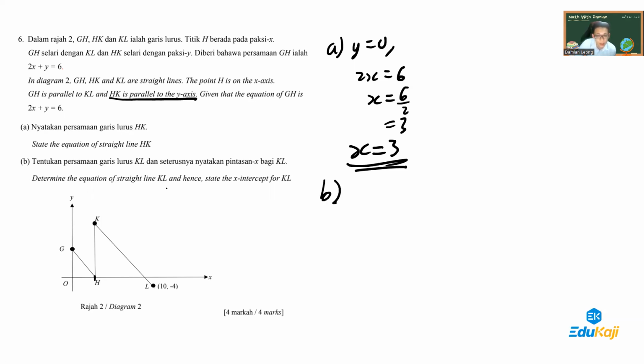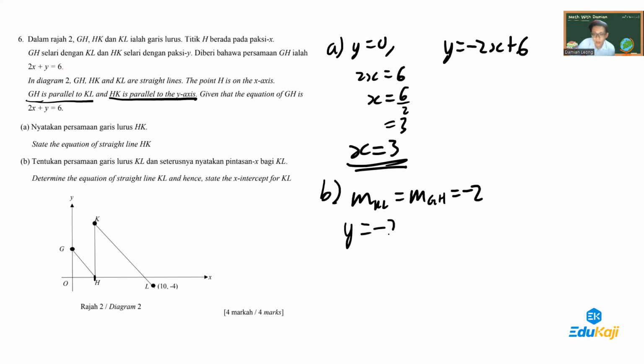Part B, equation of KL. They say GH is parallel to KL. So if I rearrange this equation, y equals negative 2x plus 6, which means the gradient of KL is the same as the gradient of GH, which is negative 2. So y equals negative 2x plus c.